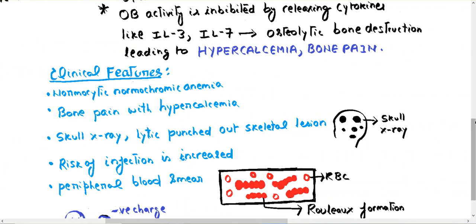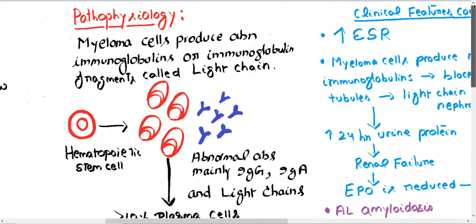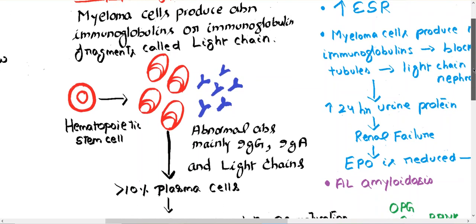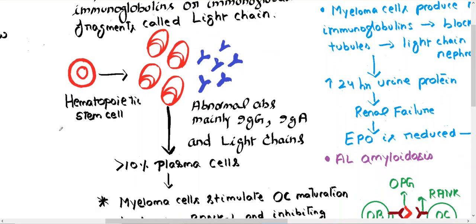to diagnose it as multiple myeloma. So coming to the pathophysiology, myeloma cells produce abnormal immunoglobulins or fragments of those immunoglobulins, which are called the light chain. In the bone marrow, because this is a tumor, the plasma cells are proliferating, and we call it multiple myeloma when we see more than 10% plasma cells in the bone marrow.